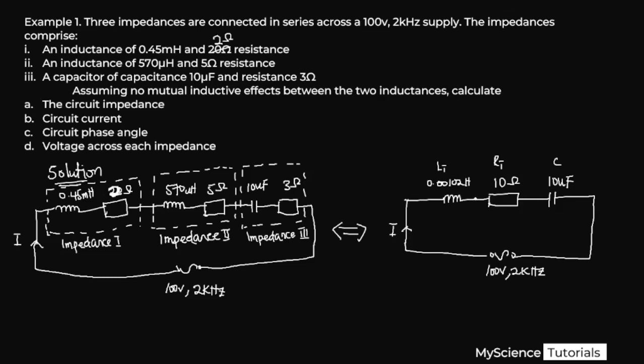So now that we have this, let's go ahead and look at the circuit impedance. The circuit impedance Z is given mathematically as the root of R squared, which in our case will be R total squared, plus, in brackets, inductive reactance minus capacitive reactance, all squared.